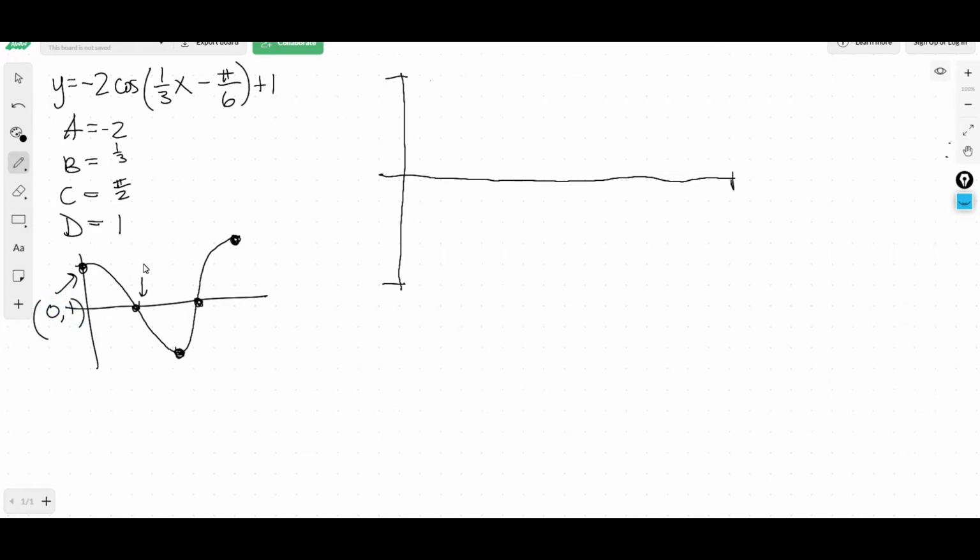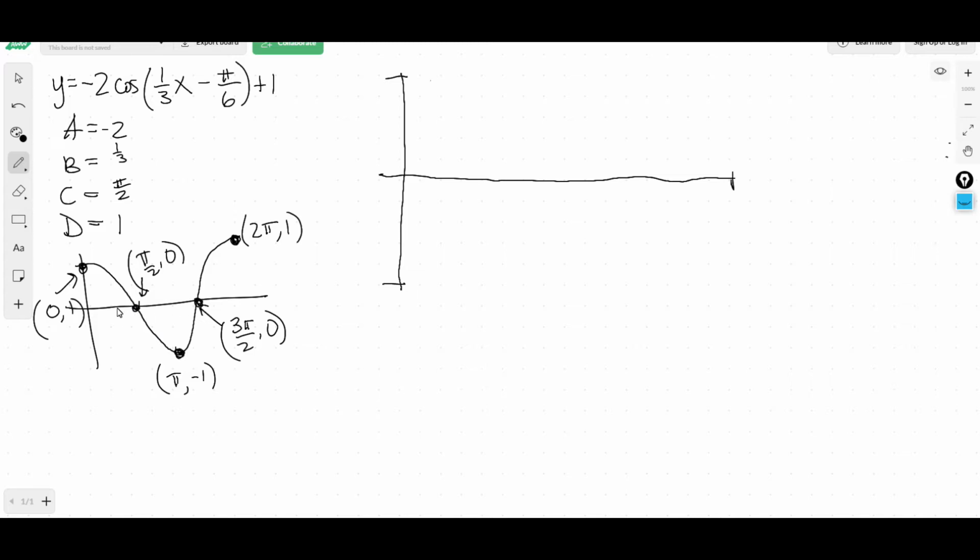You have pi over 2, 0, sorry. Then you have pi, negative 1, 3 pi over 2, 0, and then 2 pi, 1. So these are usually your values, but those are going to shift.